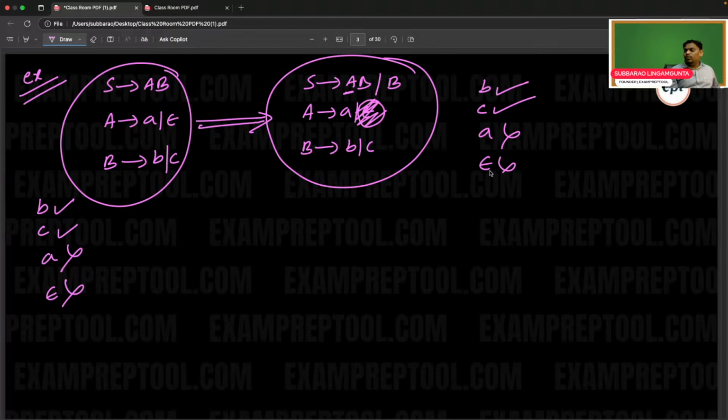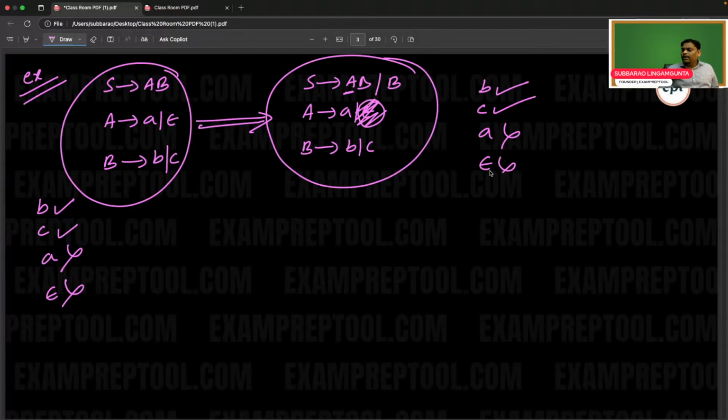The maximum difference between before conversion and after conversion is epsilon. Suppose left hand side has no epsilon string, right also not there. Then exactly you will get both are equal. What is the null production elimination? On the right hand side of the production, I don't want to see epsilon. We have to eliminate them. If you eliminate, what will happen?